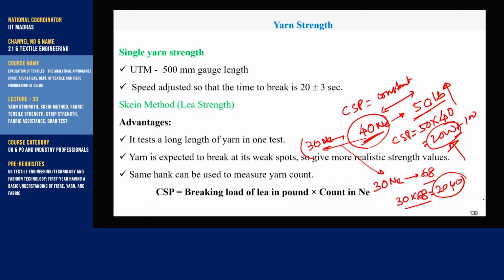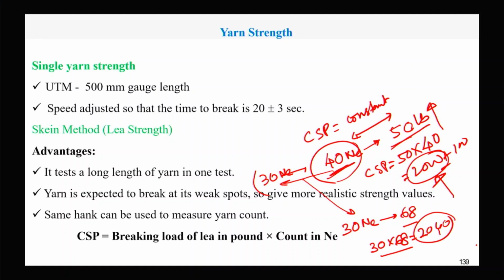Okay, that means we can guess from this fiber we can produce 30 count also, and also 40 count. Now if we try to produce same 50 count from this fiber, and we are expecting the strength to be 40 pound, so that we can get the CSP around 2000.